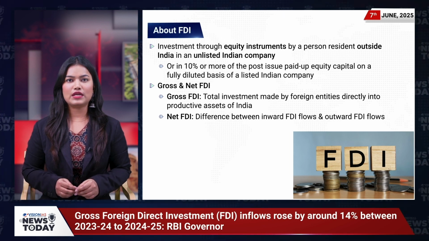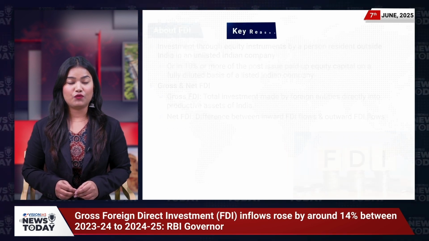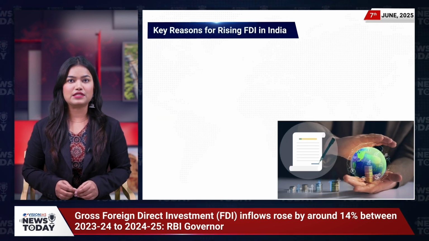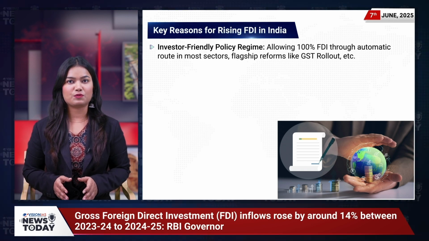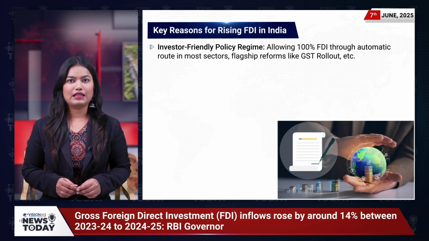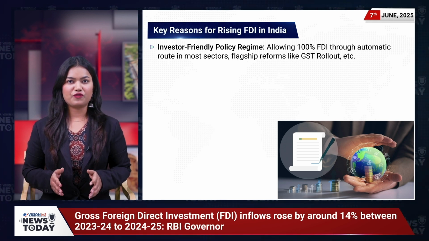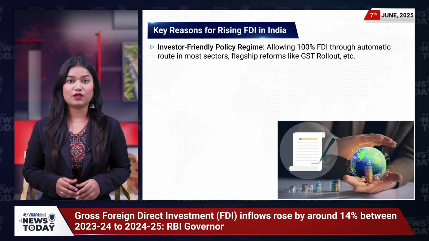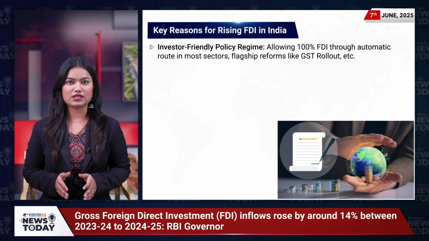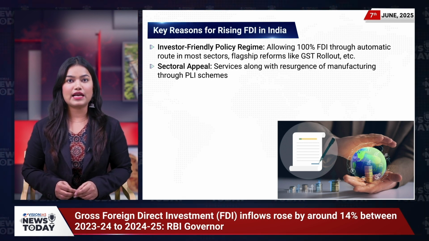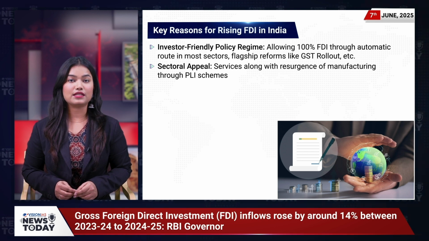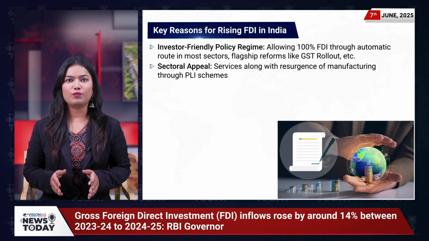So, what is fueling this rise in FDI in India? One of the key reasons is India's investor-friendly policy regime, which allows 100% FDI through the automatic route in most sectors. This is further supported by flagship reforms like the rollout of GST and the launch of the National Logistics Policy. In addition, India's services sector, ranging from finance and IT to research, development, and consultancy, has remained a strong pull factor.